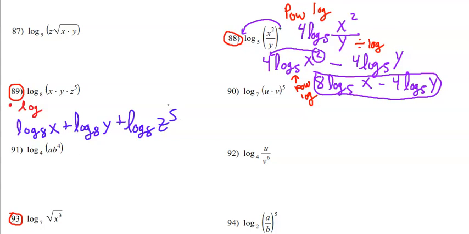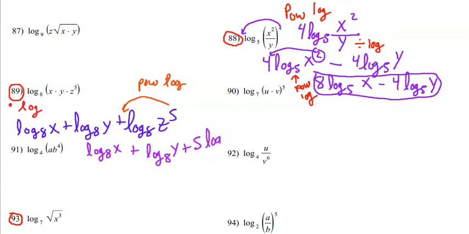And then we can use the power rule to write that 5 at the front. So our expanded logarithmic expression would be log base 8 of x plus log base 8 of y plus 5 log base 8 of z.